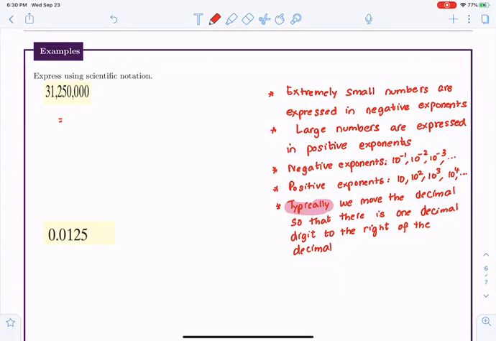So if I put a decimal there, I should say right of the decimal and left of the decimal. So we do have one on the right and one on the left.